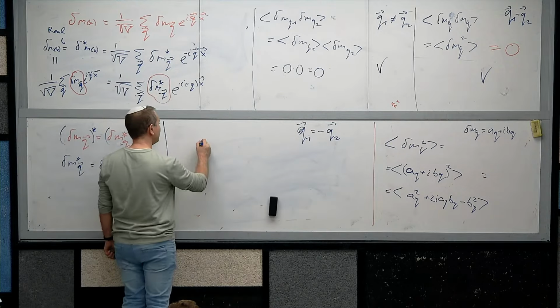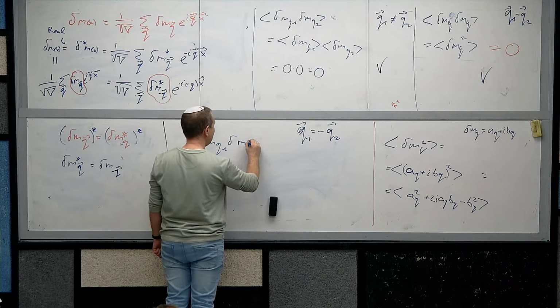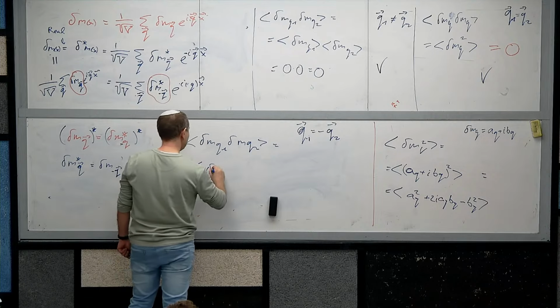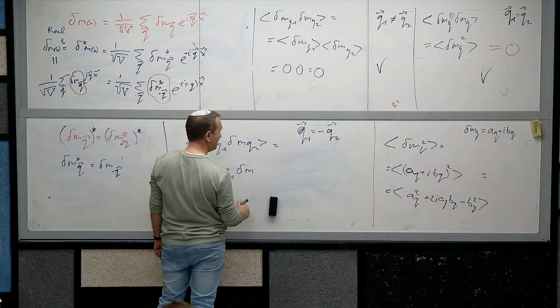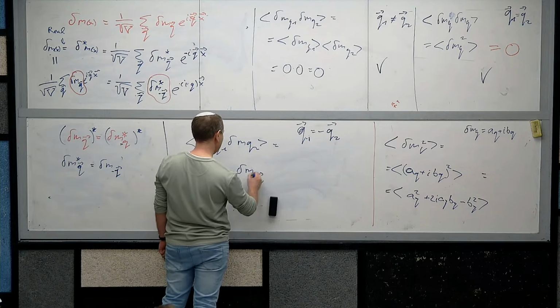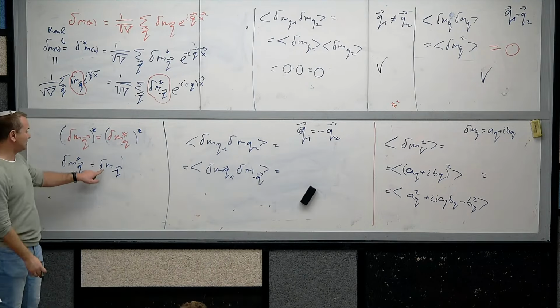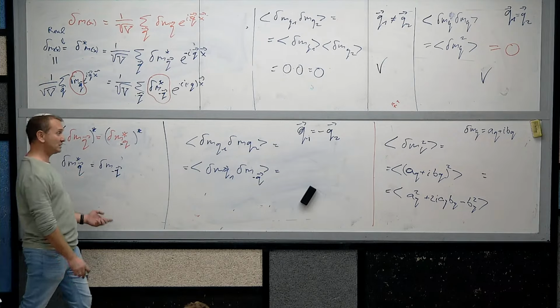For this case, the average of delta m q1 delta m q2 equals the average of delta m q1 delta m minus q1. And according to what I've written over here, delta m minus q1 equals delta m q1 complex conjugate.